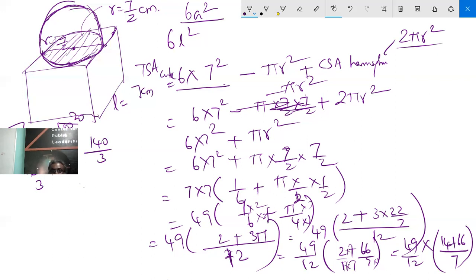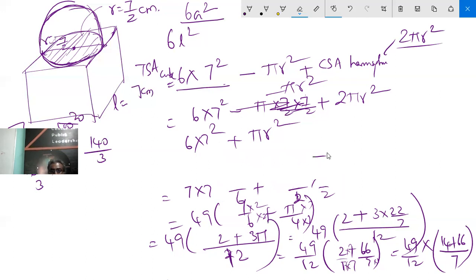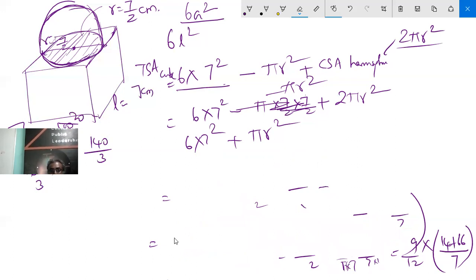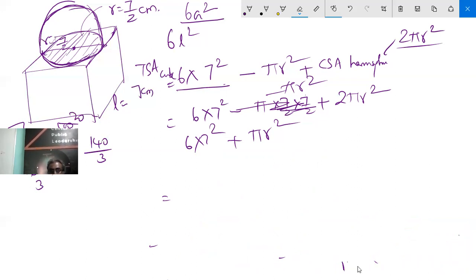This is equal to 6 into 7 squared plus 22 by 7 into 7 by 2 into 7 by 2.